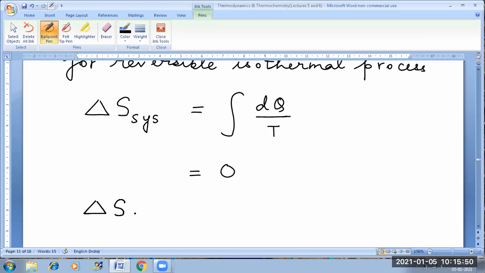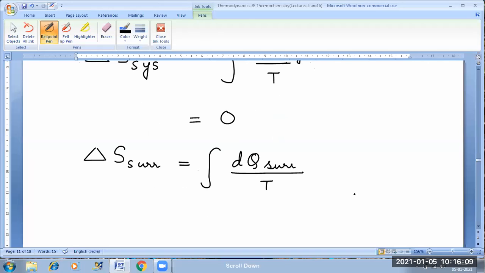Delta S surroundings. The surroundings have not undergone any change because it has not gained or lost heat, because it's adiabatic.